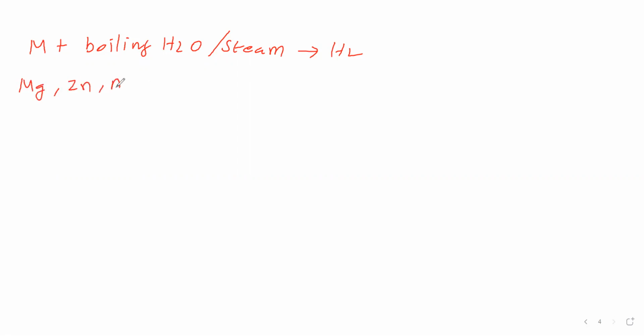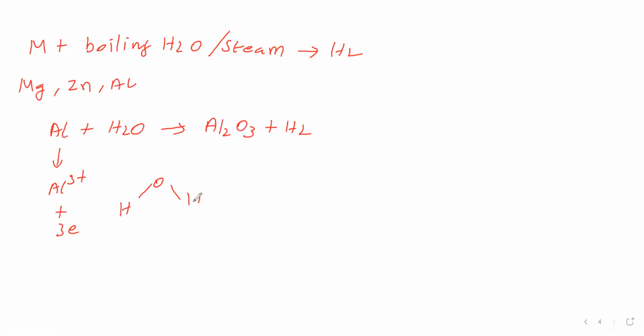Magnesium, zinc, aluminum. Aluminum with steam or boiling water gives aluminum oxide and hydrogen gas. Here aluminum becomes Al3+ by losing 3 electrons. Water we can write like this: the electron attacks, this bond shifts, this hydrogen loses the bond, gains the electron and becomes hydrogen gas. So magnesium, zinc, aluminum with boiling water or steam liberate hydrogen gas.